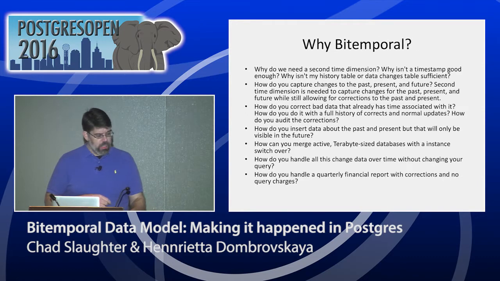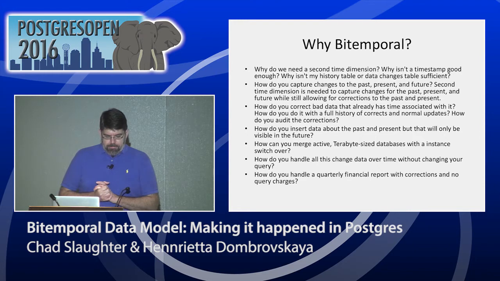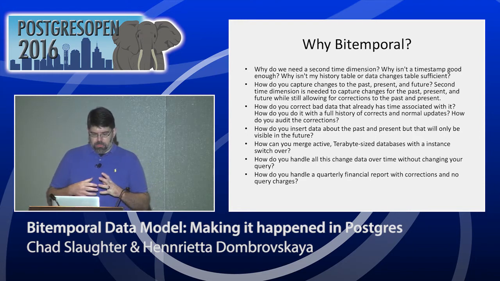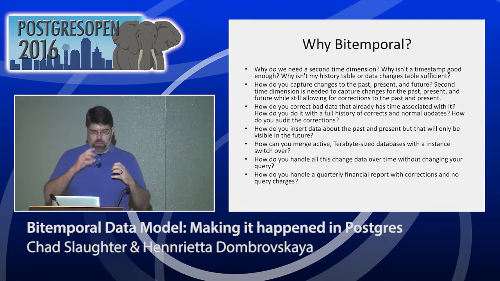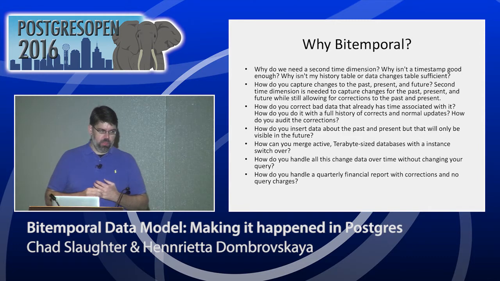So everyone uses time, so you understand that we have to have some sort of time dimension, but why do we need 2 time dimensions? The point of having 2 time dimensions is you have history of data. So you want to start tracking some sort of change to your system, so you put a timestamp on it.